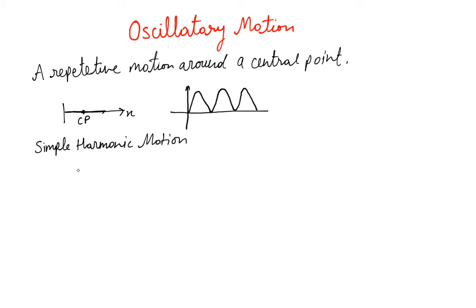A simple harmonic motion oscillates about a central point. So let's say the central point is on the x-axis when x equals 0. And when the simple harmonic motion oscillates, it looks like this.